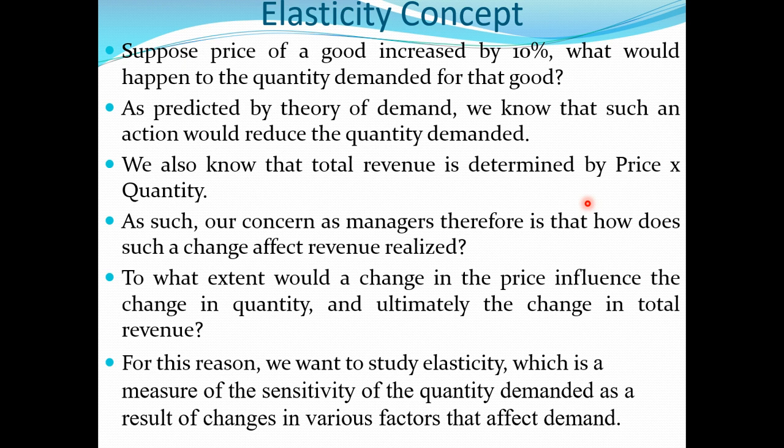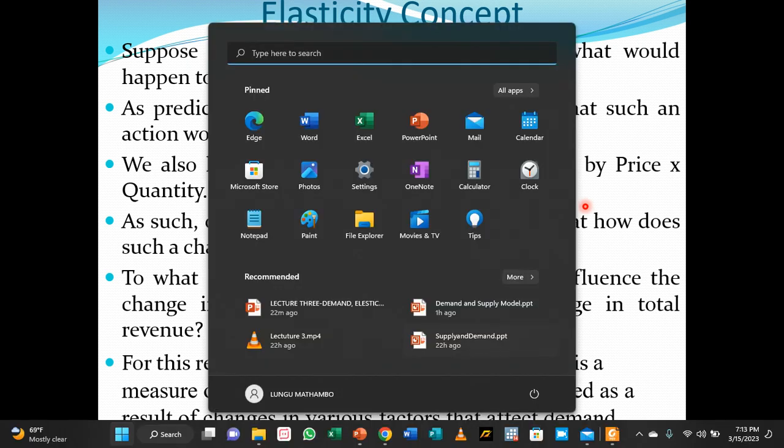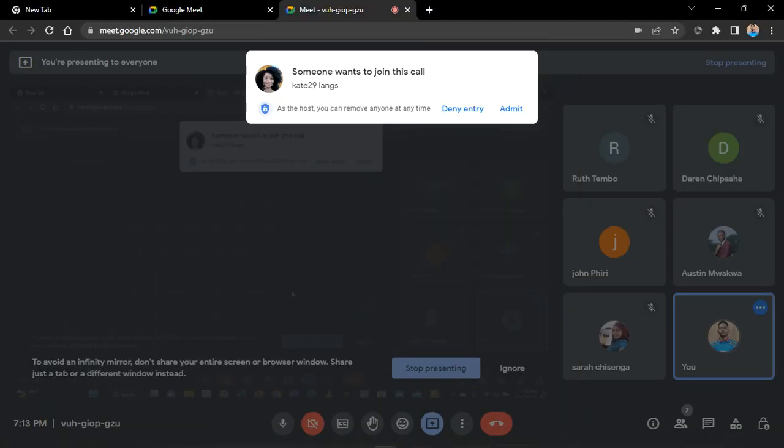One thing that's worth noting is that when you're talking about elasticity, we are talking about the impact of something on something. If one thing changes by 1 unit, how is that 1 unit change going to impact another thing?